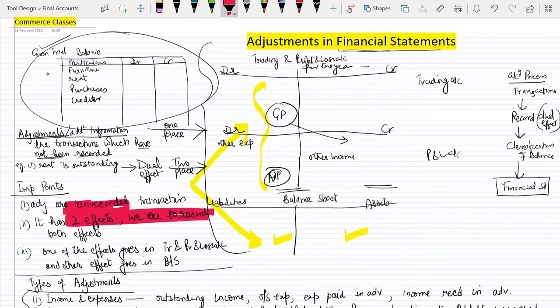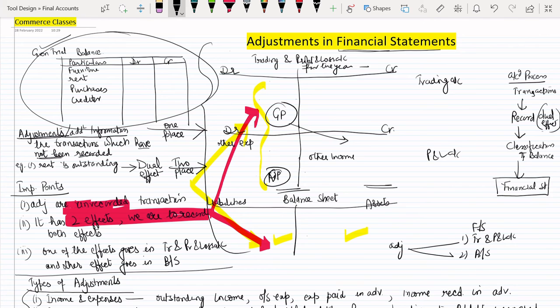Number two, one of the effects will go in trading and P&L, another effect will go in balance sheet. So you have two financial statements, one is trading and P&L account, another is balance sheet. When you are given an adjustment, it will be recorded in both of these.